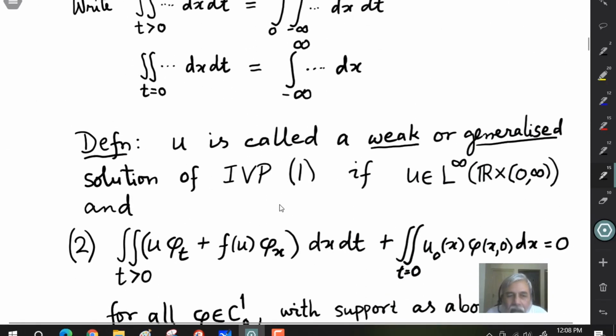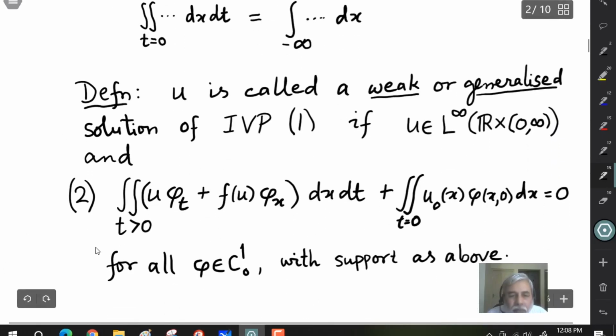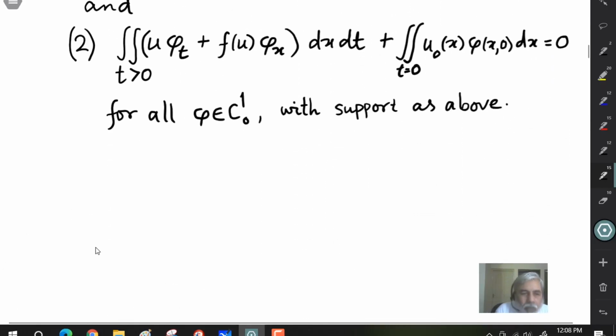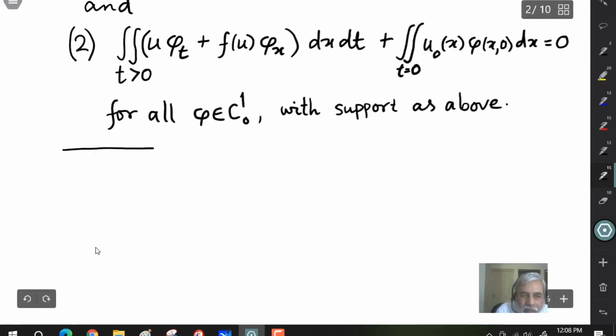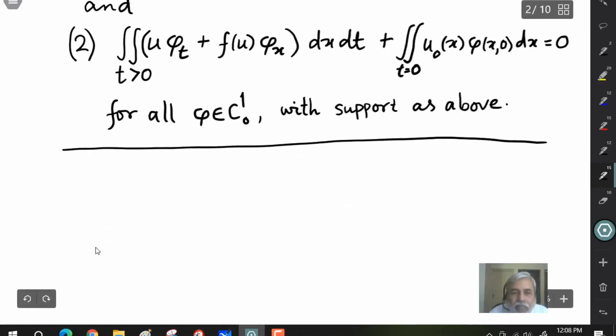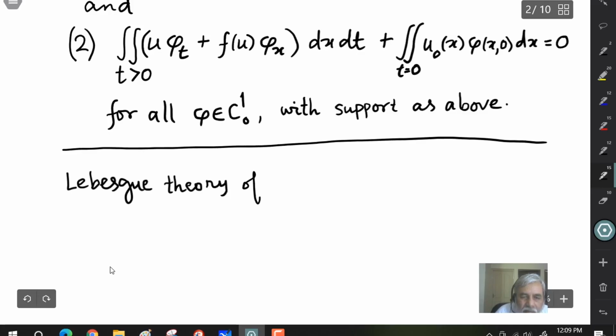That's one remark here. Both in the study of the Hamilton-Jacobi equation as well as conservation laws, we will be using some Lebesgue integration theory and Lebesgue theory in general, the theory of measure and integration.